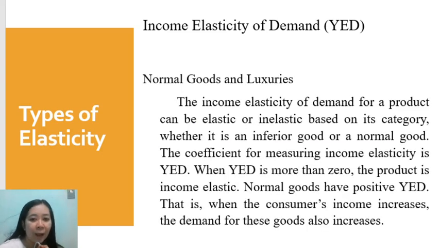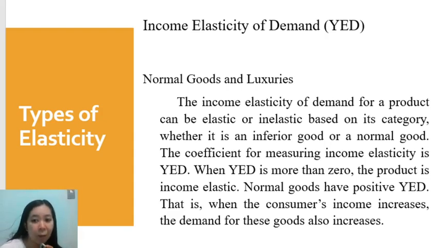Before we go to the rules or the examples, we will first determine what normal goods and luxuries are. The income elasticity of demand for a product can be classified the same as in the first type. They can be elastic or inelastic.